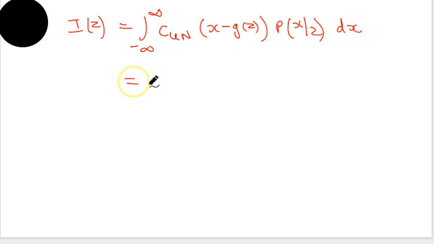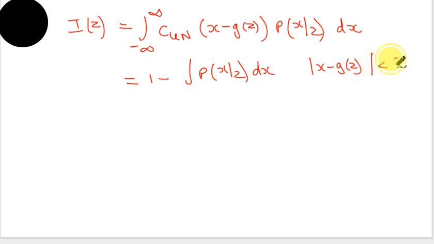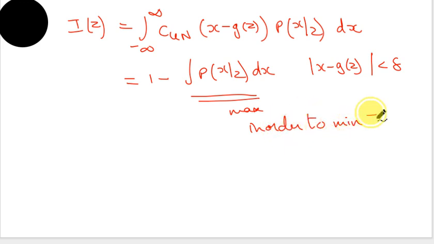So this is nothing but 1 minus the integral of p of x restricted to z dx, where modulus of x minus g of z is strictly less than delta. Let us keep this in mind: minimizing I of z for each z is nothing but maximizing the integral on the right hand side. That is, I need to maximize this portion in order to minimize my J_UN.